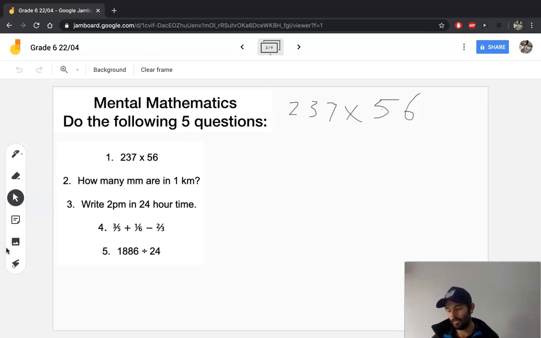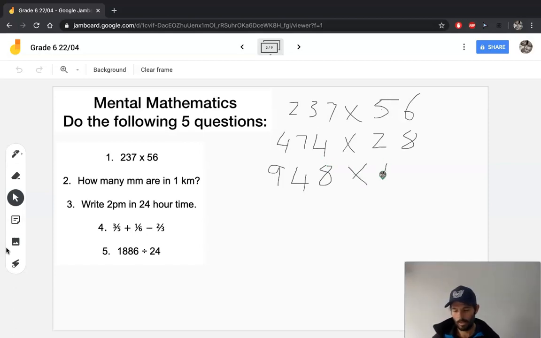I'm going to double 237 to 474, multiplied by 28, so I've halved 56. I'm then going to double again, and that's going to give me 948, multiplied by 14.